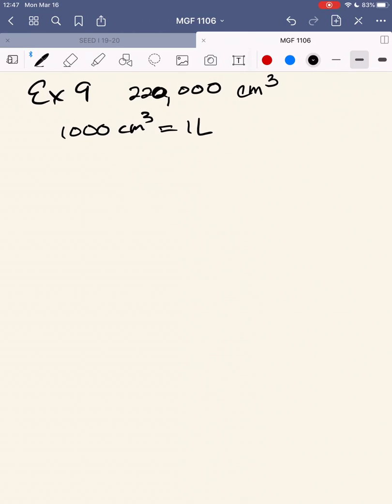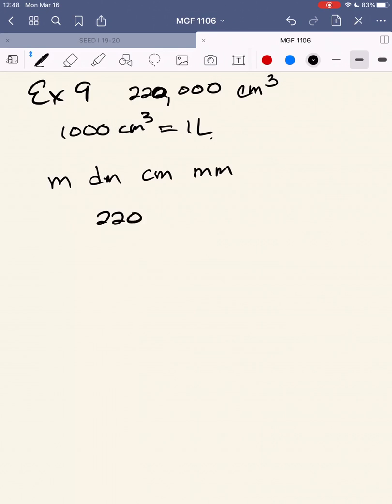So going from cubic centimeters to liters, remember I have meters, decimeters, centimeters, and millimeters, and we have 1 liter. So 1,000 cubic centimeters is equal to 1 liter. If I take this, I'm dividing by 1,000, right?